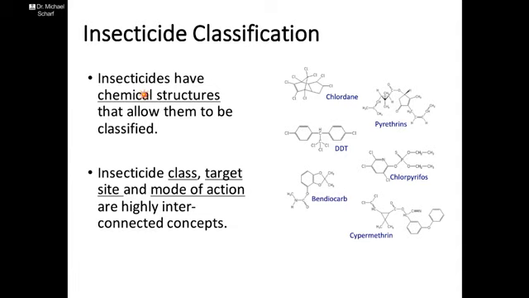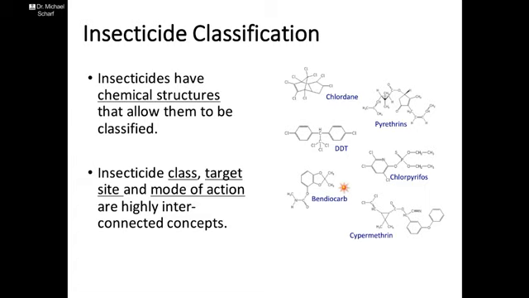Over here on the right, I just have some chemical structures for different classes of insecticides, which, there won't be an exam on this. You don't have to know it here today. If you took my toxicology class, you might have to know these things. But somebody trained in the field can look at these different structures and actually put them into a class. So we have the cyclodienes up here, chlordane, here's DDT, pyrethrins, organophosphates, pyrethroids, carbamates.